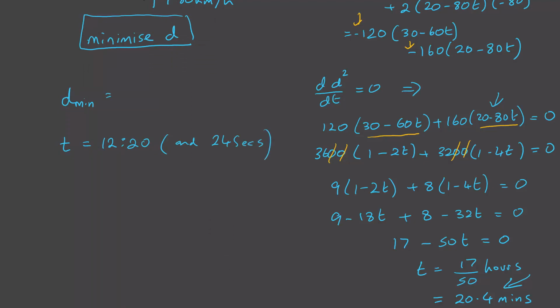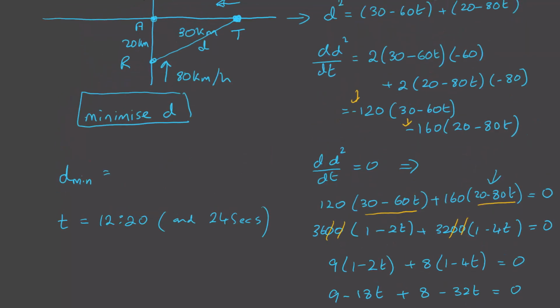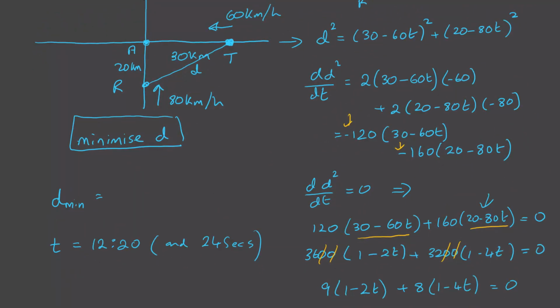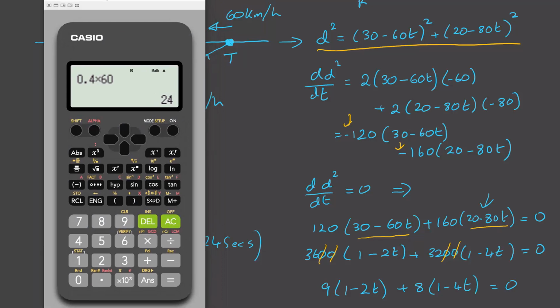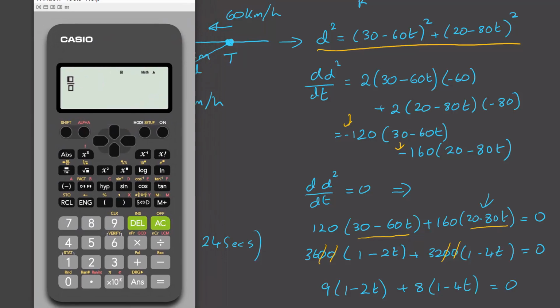And for the d minimum, let's go back and evaluate d squared using our value of t. I'm going to put in the calculator here 17 over 50 and press equals, and then it's my last answer.